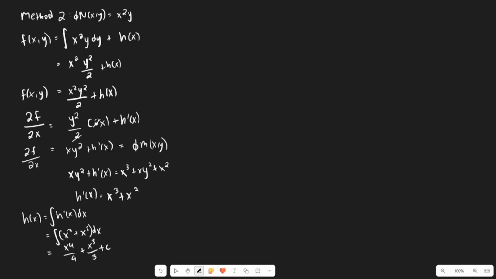Now that we have h of x, we could substitute that into our f of x, y so that we can have our general solution. So our general solution is basically f of x, y is equal to, copy this one, x squared y squared over 2 plus h of x.